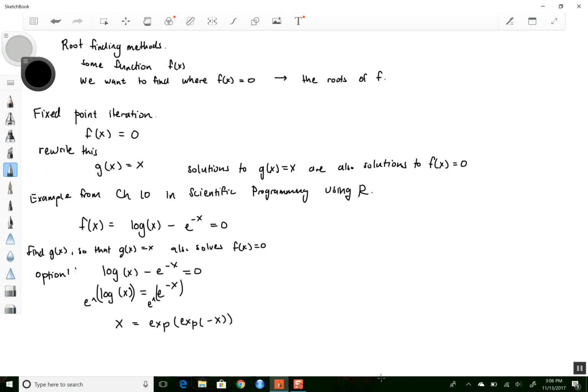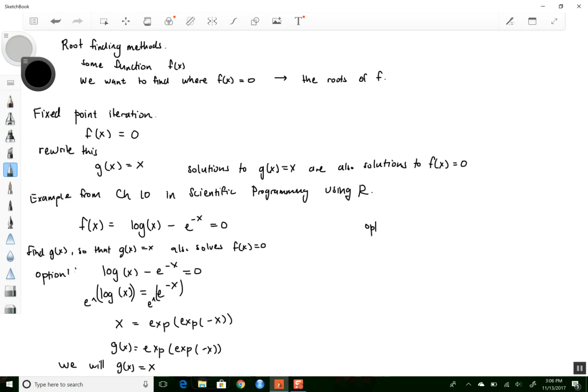And so we could say g of x is equal to exp of negative x, and we'll solve g of x equal to x. So that's one option, right? And solutions to g of x equal to x will also be solutions where f of x equals 0.